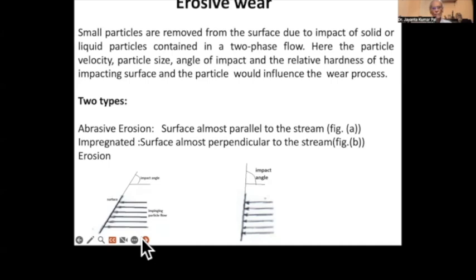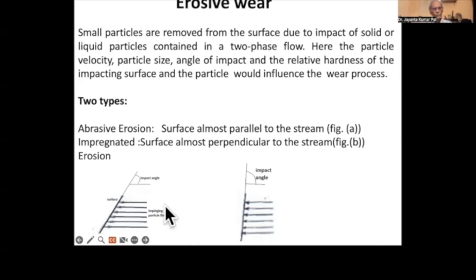So obviously here the particle size, particle velocity, angle of attack or angle of impact, and relative hardness of the impacting surfaces are important. There are usually two types of erosion.